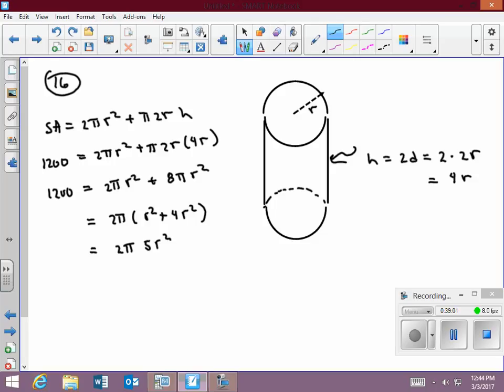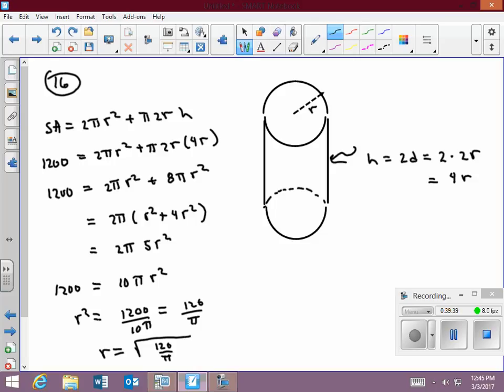I guess I could have just gotten 10 pi r squared. I wasn't thinking very good. Is 1200. So then r squared equals 1200 over 10 pi, which is 120 over pi. And then r is going to be the positive square root of 120 over pi.